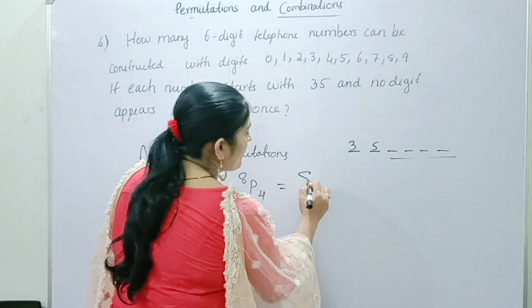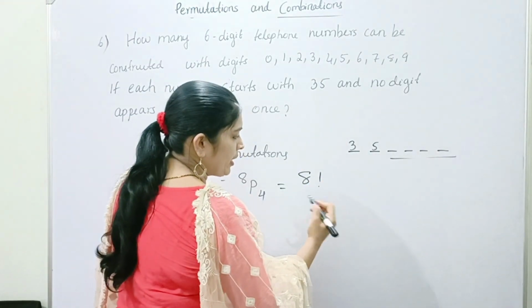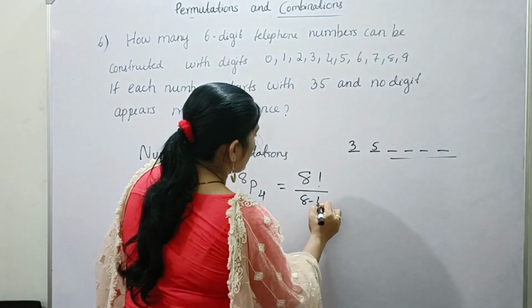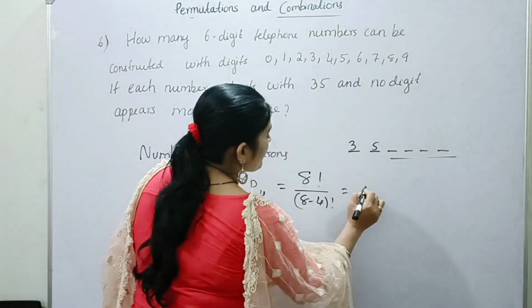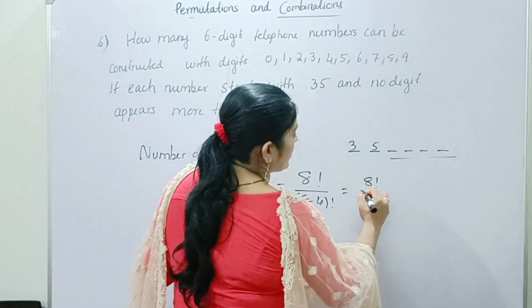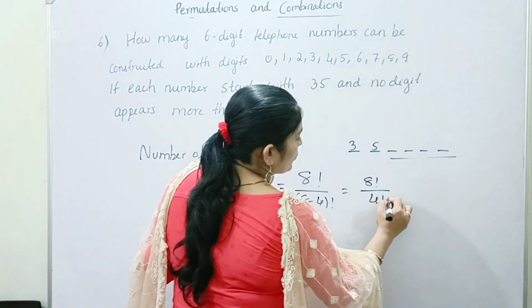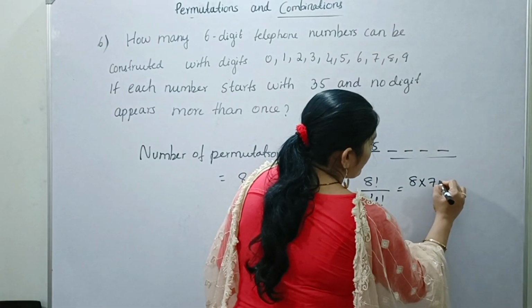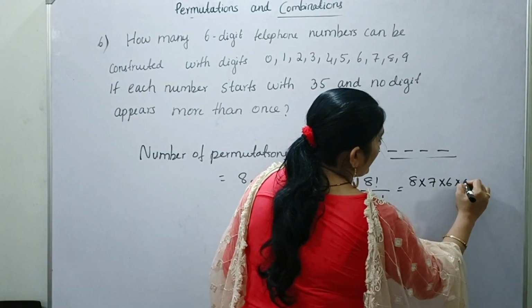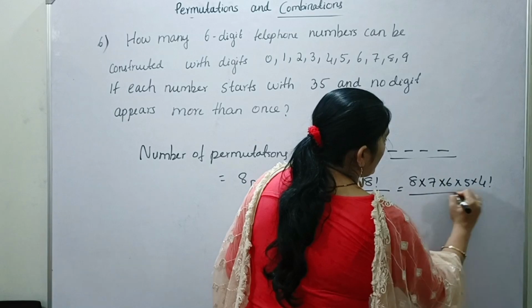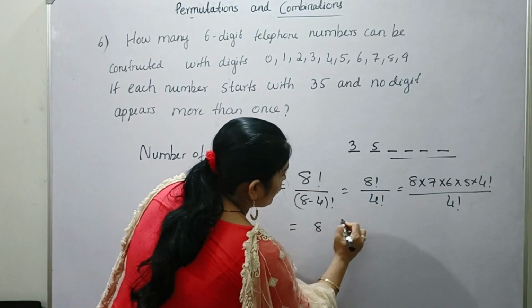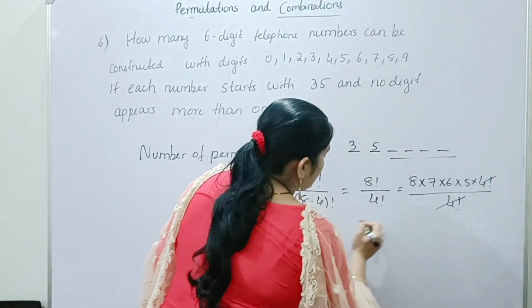So what is the formula? n factorial divided by n minus r factorial, that is 8 factorial divided by 8 minus 4 factorial, that is 8 factorial divided by 4 factorial, that is 8 into 7 into 6 into 5 into 4 factorial divided by 4 factorial. 4 factorial is cancelled.